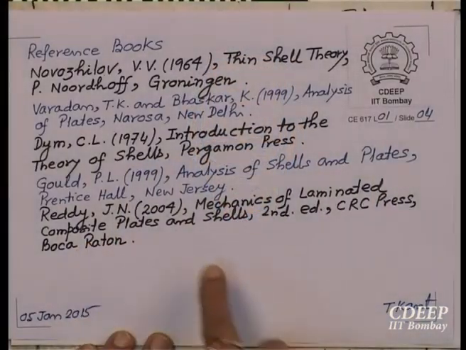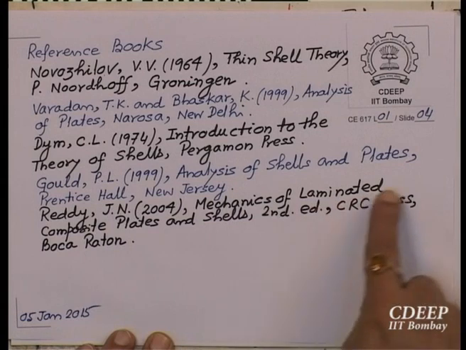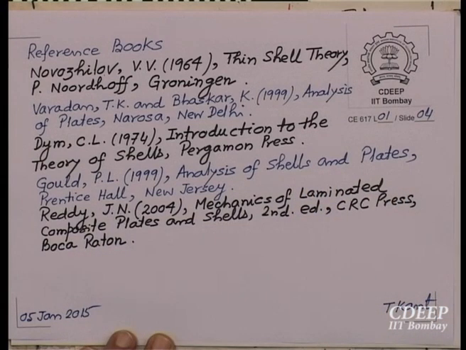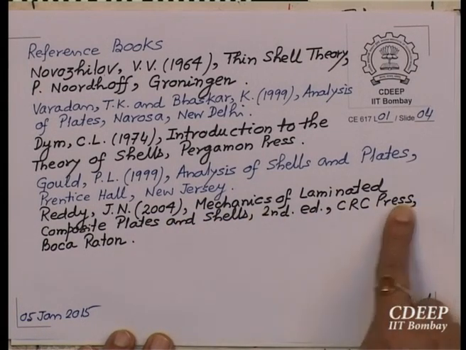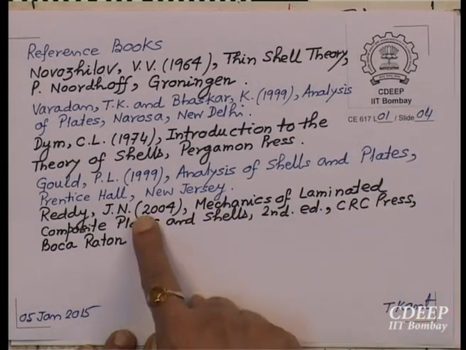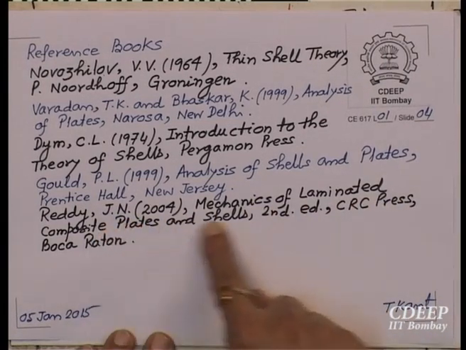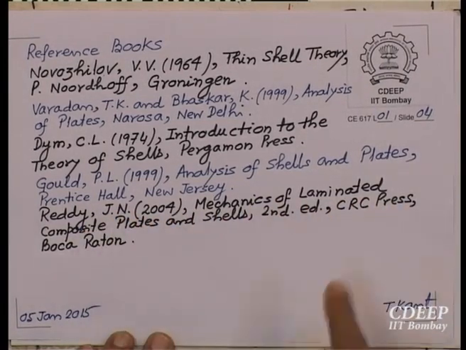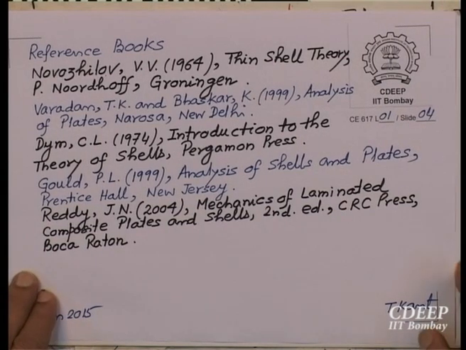He has also written a book on shells. Now he has written a combined book which came in 2004, Laminated Composite Plates and Shells. It is a good addition, a good book. It is also available in an Indian edition, so it has been reprinted. This book is about 600 pages and costs about 500 rupees. So, it is a good book.